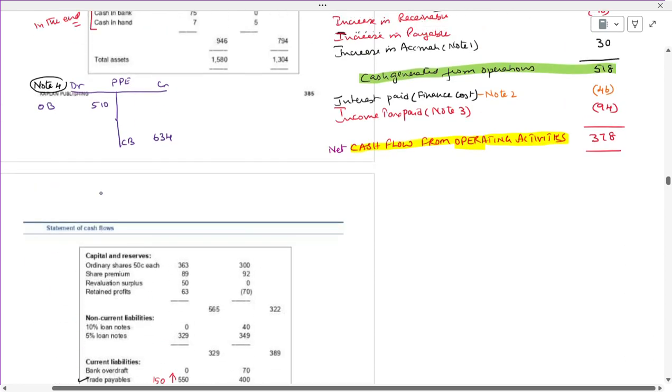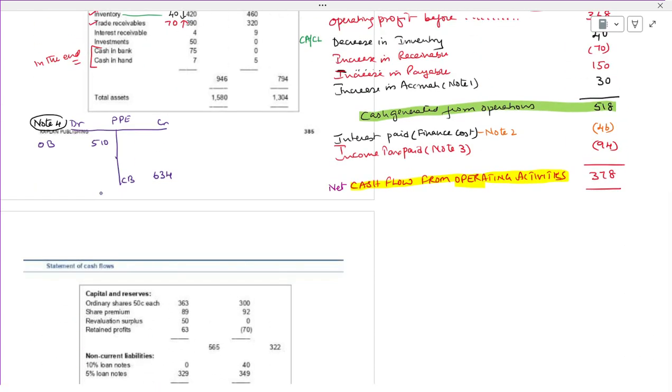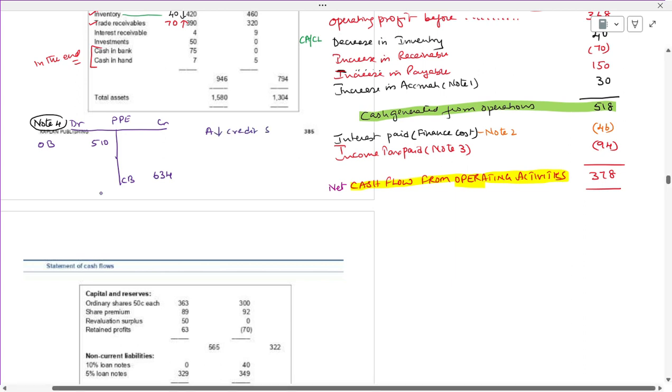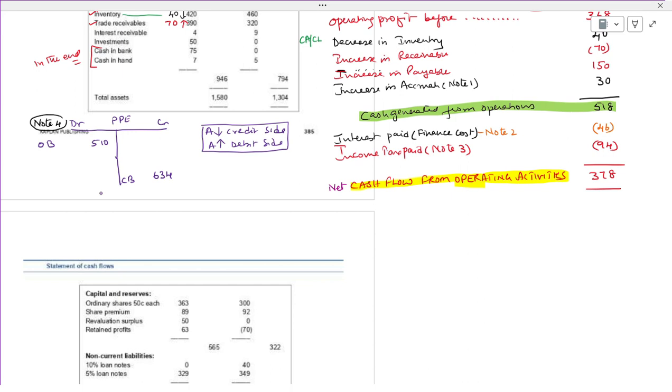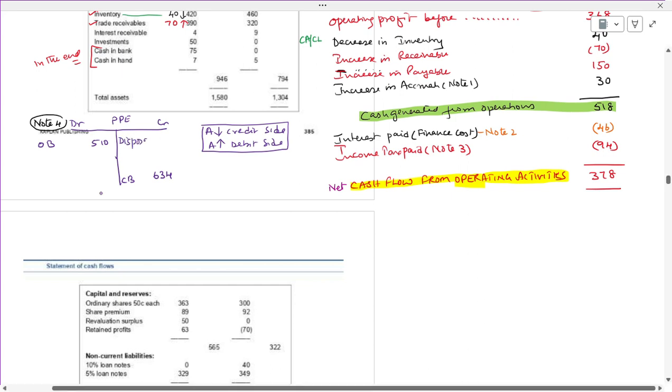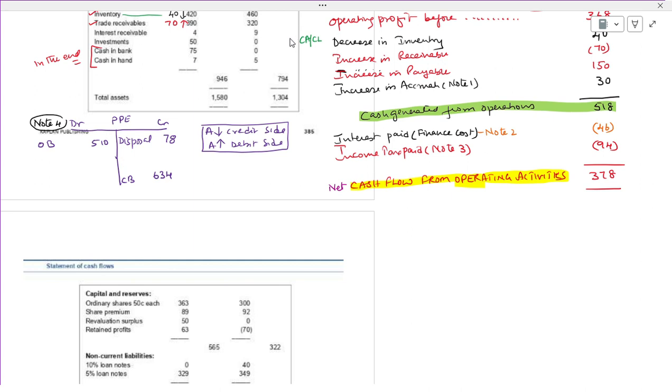Asset decreases, credit side. Cash increases, it will be debit side. You have sold the asset, disposal. We take only the carrying amount. How much is the carrying amount? 75.